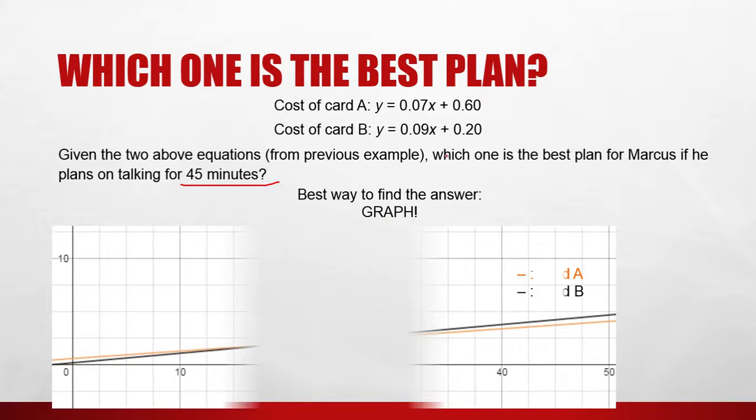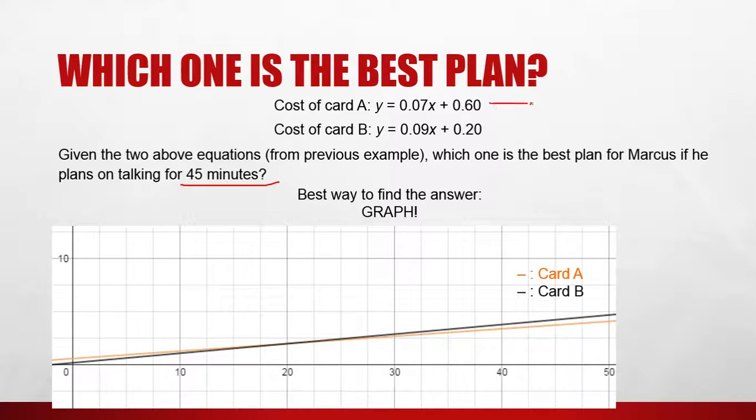So you can type these two equations into a graphing calculator, exactly like this. This would be the graph that you get, where the orange line is card A and the black line is card B. So we're looking at 45 minutes. 45 minutes is smack in the middle between 40 and 50, so I drew a line right there.